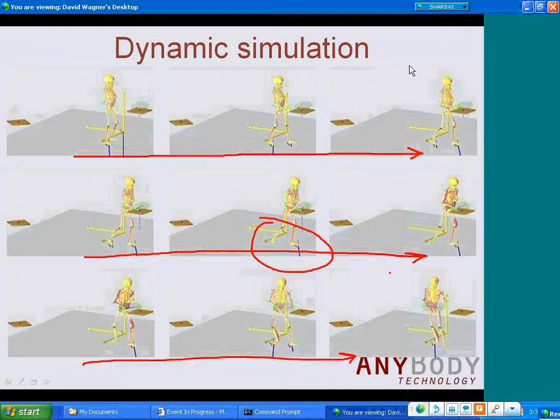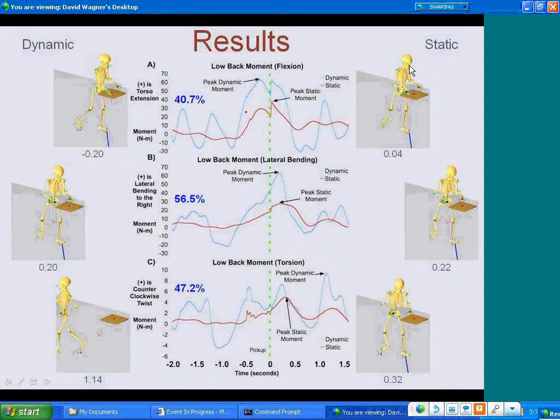Some of the results here are, and let me just explain some of these graphs. The pictures on the sides and the times correspond to the postures and times at which the peak dynamic and peak static moments occurred. These moments were taken using the no muscle model available in the AnyBody framework.